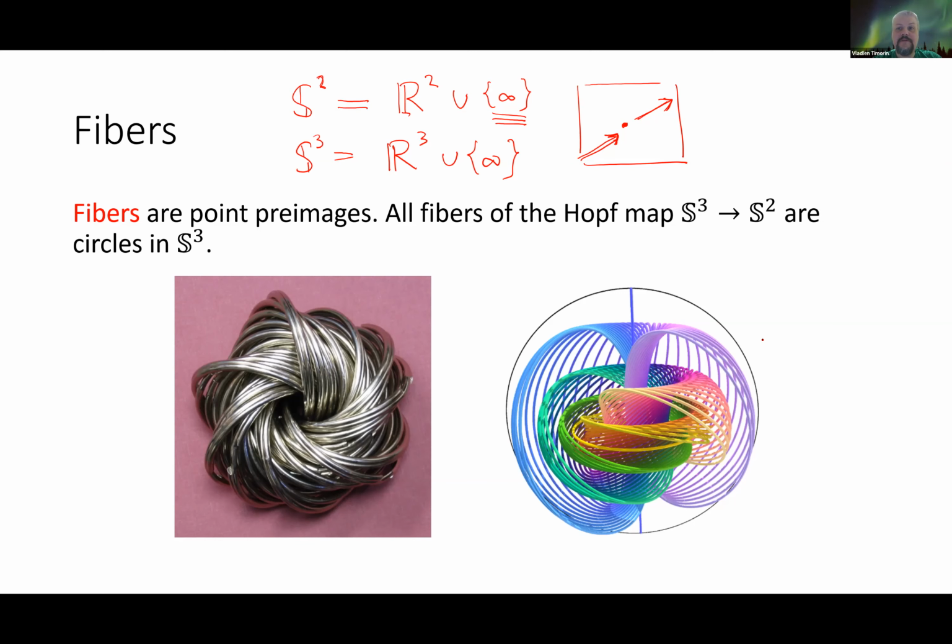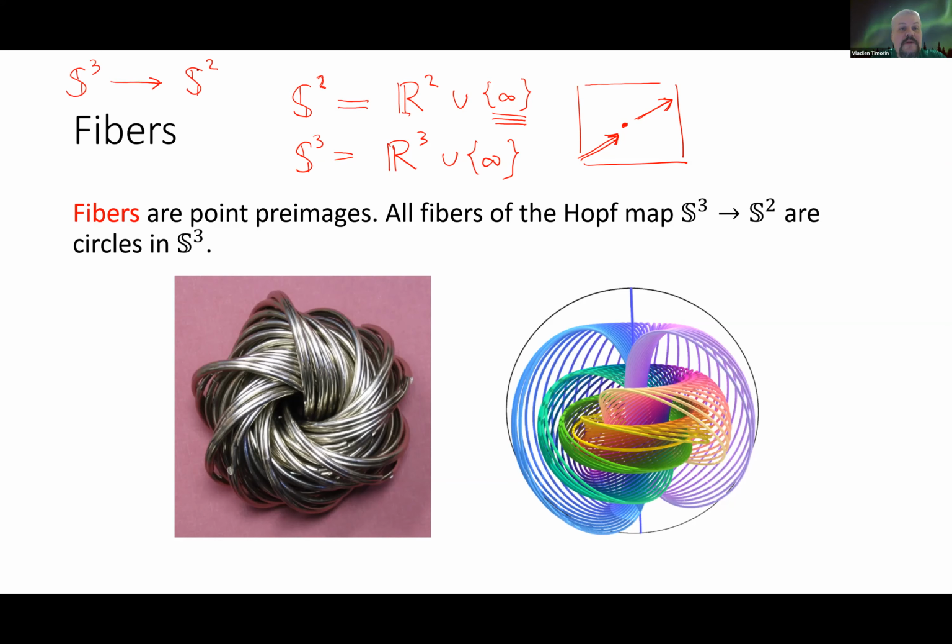And in these terms, I can now explain the structure of the Hopf map. Namely, it's interesting to look at point preimages. Again, the Hopf map is the map from the three-dimensional object to a two-dimensional object.